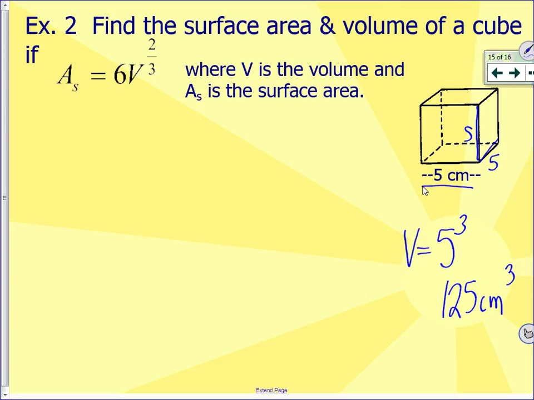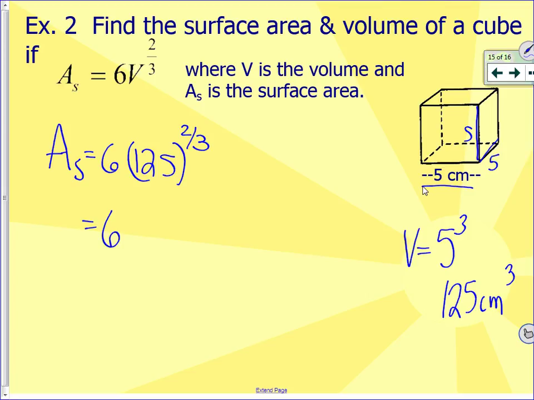That's what that is. So now I can find the surface area, if I want, by either adding up all the sides or I can fill it into the formula. So the area of the surface is 6 times 125 to the 2/3 power. Who can rewrite 125 to the 2/3 in radical form?